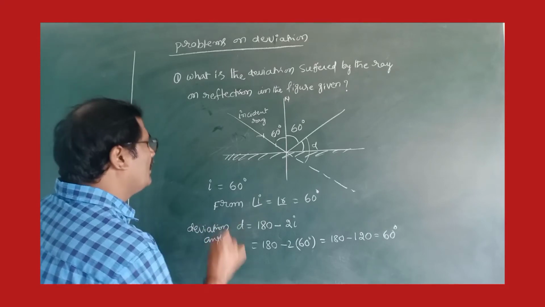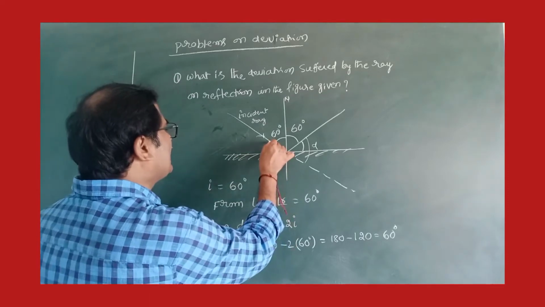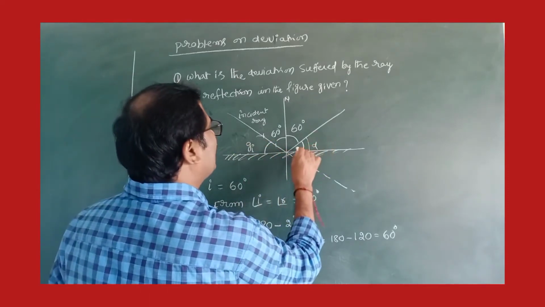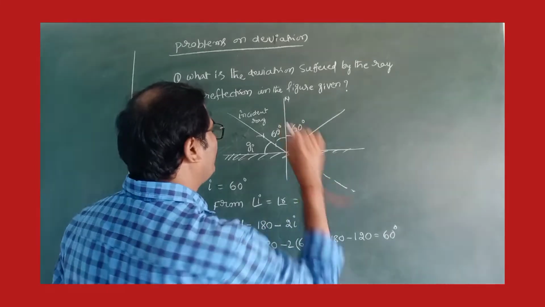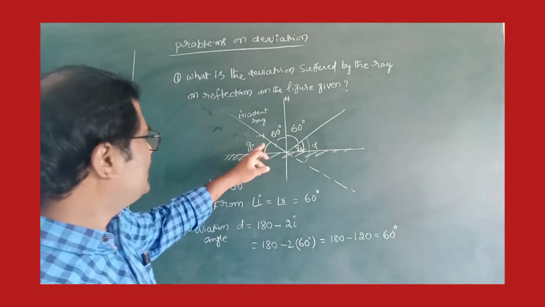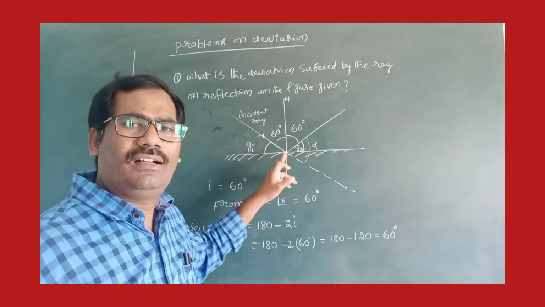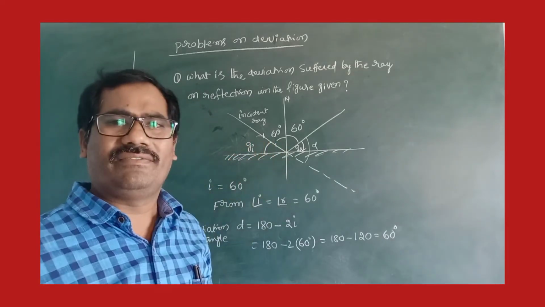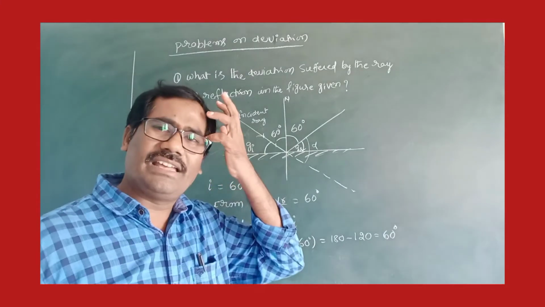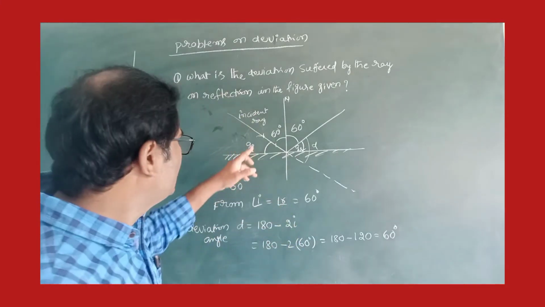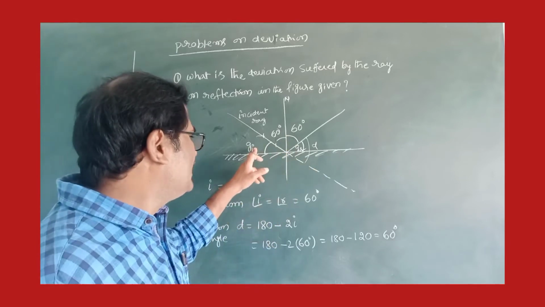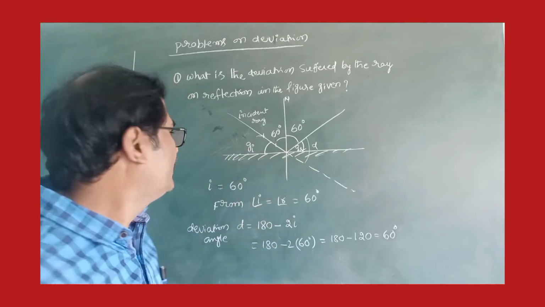Okay. What is the glancing angle of incidence? What is the glancing angle of reflection? It is the angle made by the incident ray with the plane surface, that is, the surface of the mirror. That is the glancing angle of incidence.